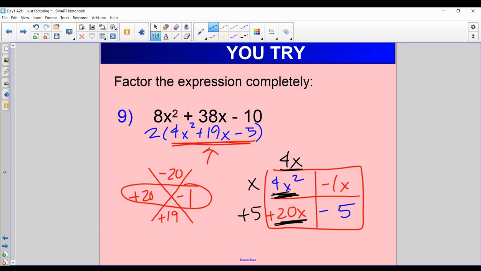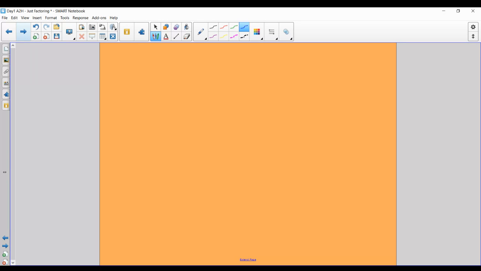That's 5. What do I need to multiply x by to get -1x? That's -1. So when I write this, I've got to remember that the 2 is still there, and now I'm multiplying times x plus 5 for x minus 1. Okay.